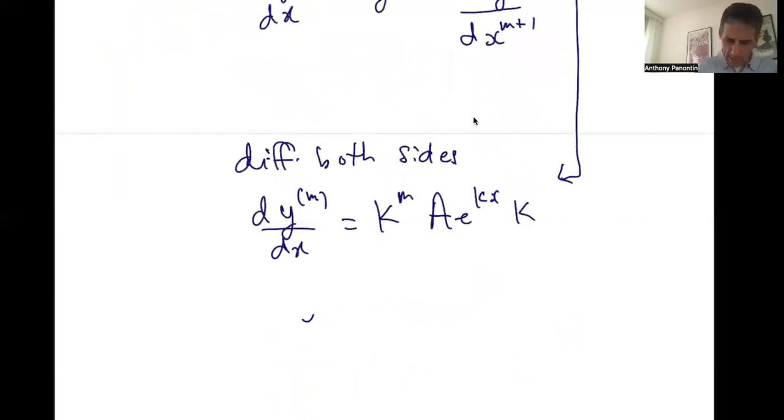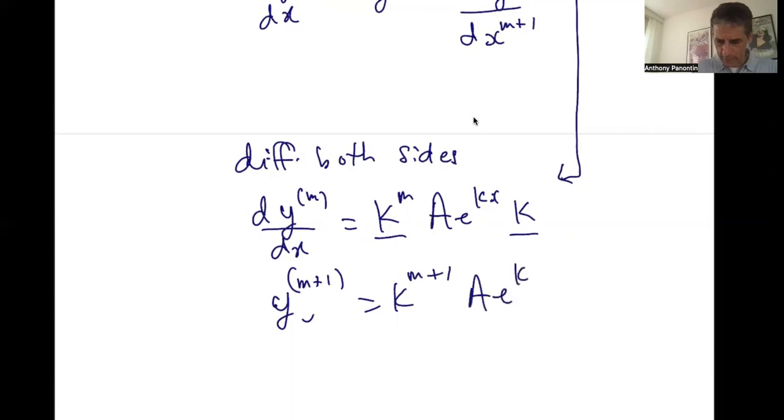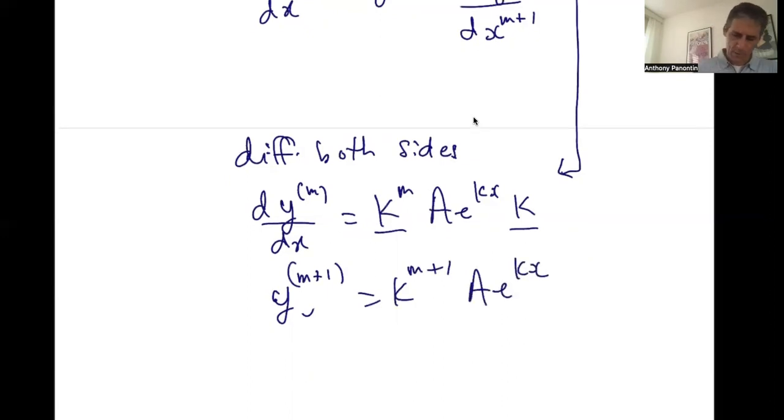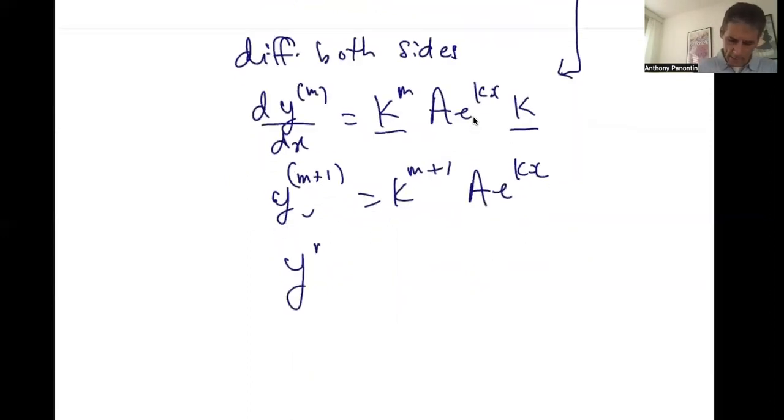And so that gives us y to the m plus 1 is k, and if we put these k terms together, we get k to the power of m plus 1, e to the kx. And so we get y to the m plus 1 is k to the power of m plus 1 times, and this bit here is y.